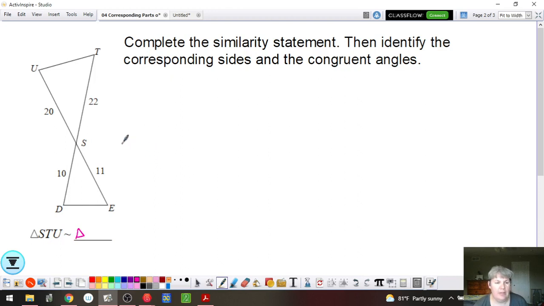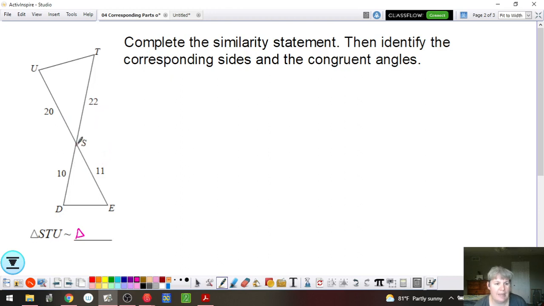And when I look at these two triangles, this triangle has a length of 20 and a length of 22, and the other triangle has a length of 10 and a length of 11. And when I look at these numbers, I know that 20 and 10 have a relationship, and 22 and 11 have a relationship. 10 times 2 is 20, 11 times 2 is 22.